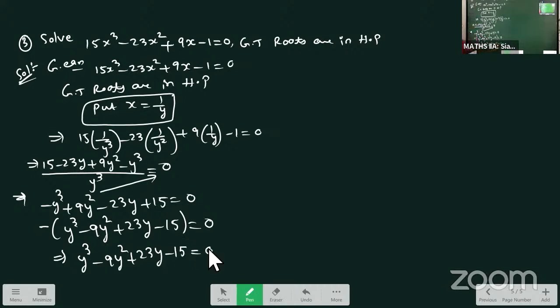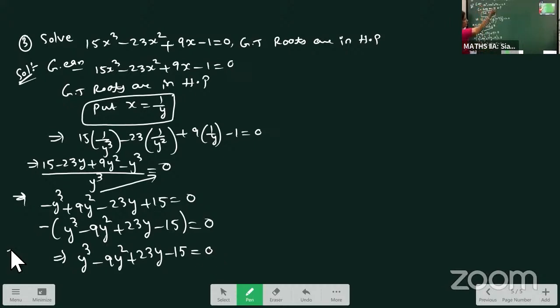Now keep this as our final equation to solve. Here, the given equation is in x, we substituted x by its reciprocal 1 by y. So we got an equation in terms of y. It means this is the reciprocal equation of the given equation.